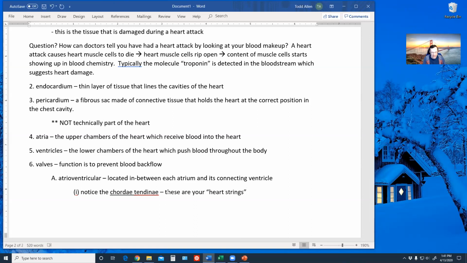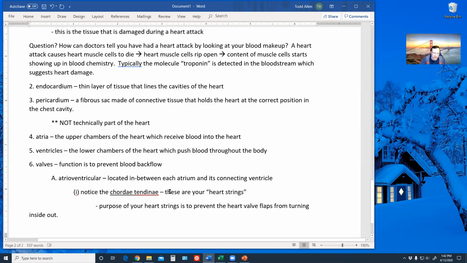Okay? And the purpose of these chordae tendineae, these so-called heartstrings, is to prevent the flaps of the valve from everting, which means turning inside out. The purpose of your heartstrings is to prevent the heart valve flaps from turning inside out.